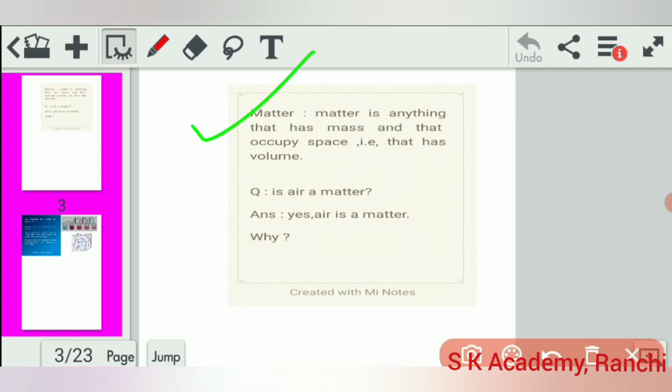Since all these substances have a certain mass, they are matter. The second required thing for being a substance of matter is that it should occupy a space, that means it should have volume.